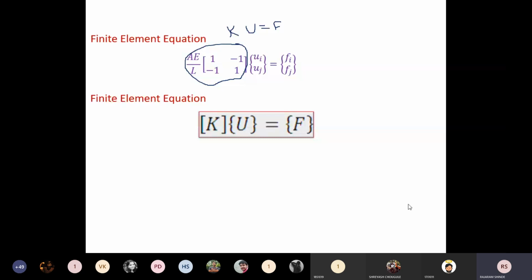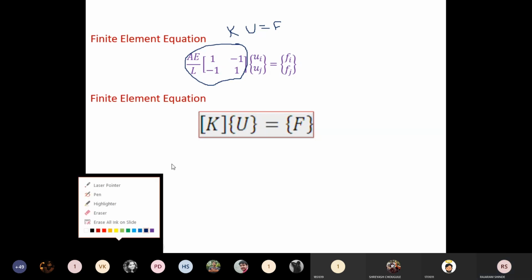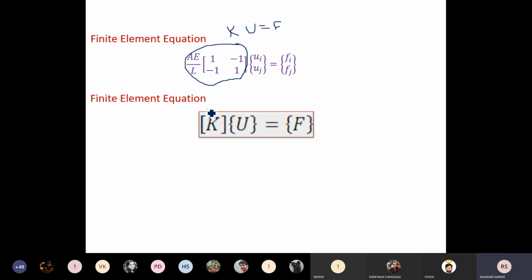Yes, sir. Okay. Now, this is a finite element equation. Now we have derived the stiffness matrix. The first term is your stiffness matrix, the second term is the displacement matrix, and this term is the force matrix. That is, stiffness into displacement matrix is equal to force matrix.